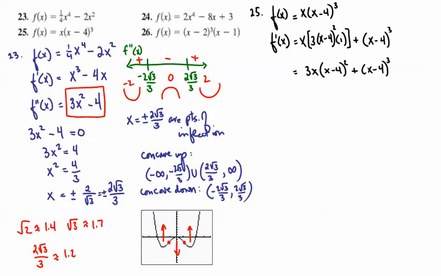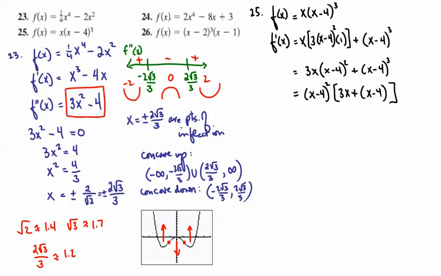Now, I think that I'm going to opt for factoring this, and let's see what we get. We'll bring out the least common multiple, which is (x minus 4) to the second, and that will leave 3x plus (x minus 4). What power?